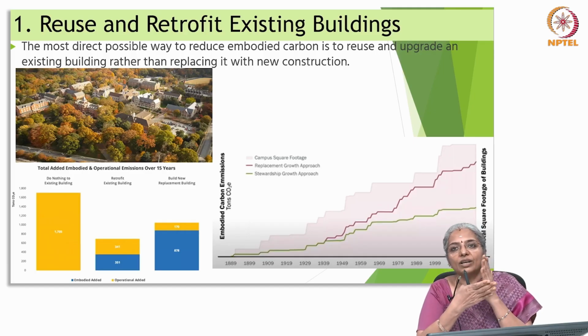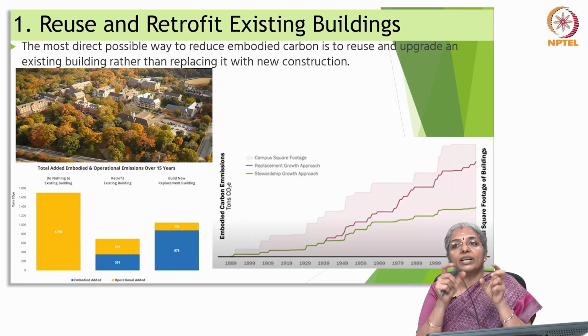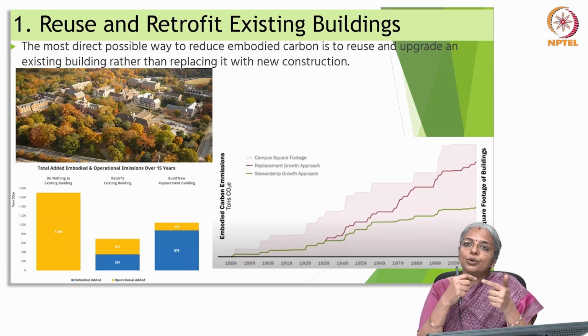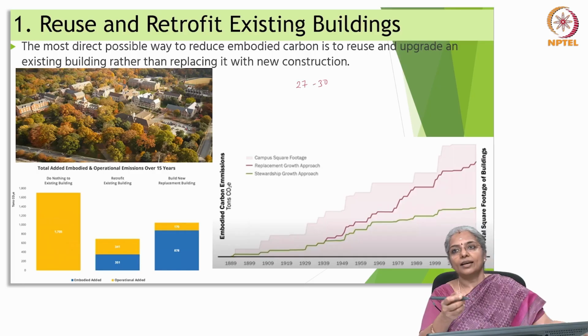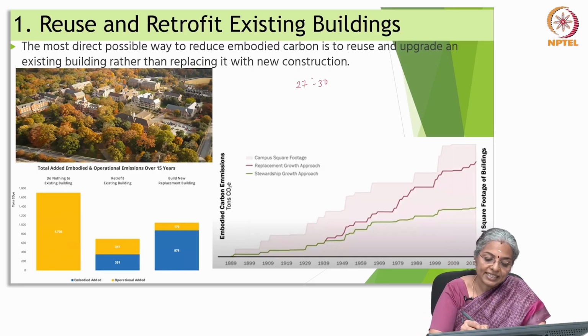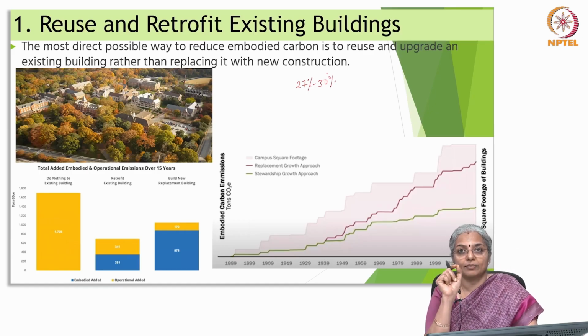So, we need to leverage buildings which we already have, and this can help us avoid embodied carbon emissions from new construction. Also, we should look at upgrading and electrifying the existing pool of buildings without demolition, because that can reduce not only embodied energy but operational emission also. So, that accounts for 27% to 30% of the total global emissions.